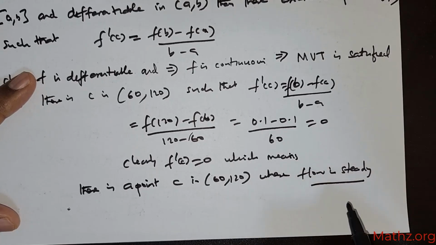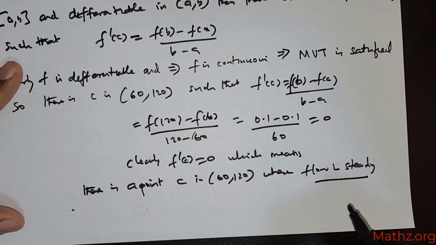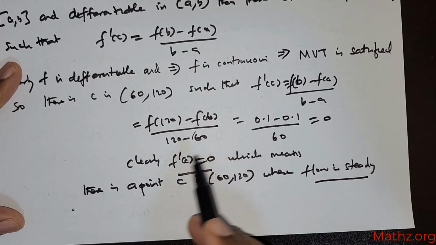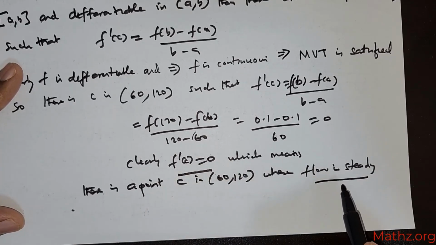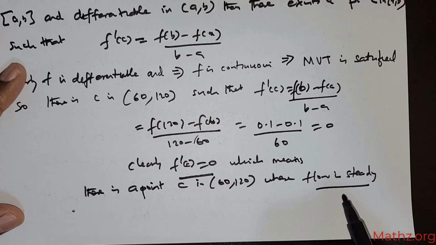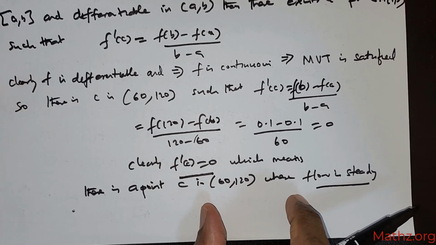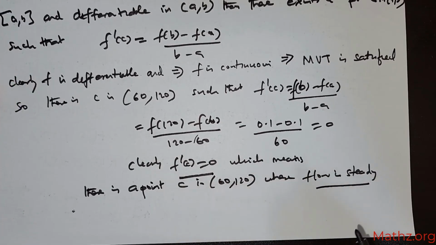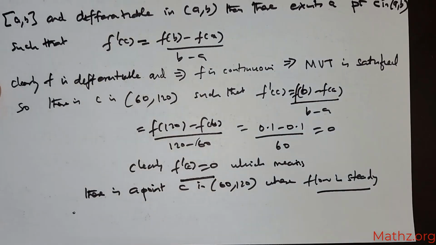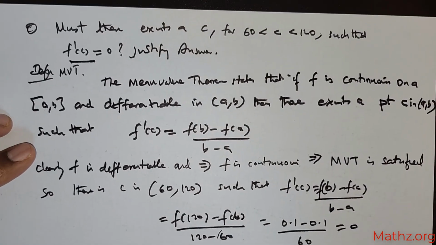This is the all important understanding that you will have to know. That means the rate of change is actually producing a steady flow, and this is very vital information for fluid dynamics. So that is the conclusion for this particular question.